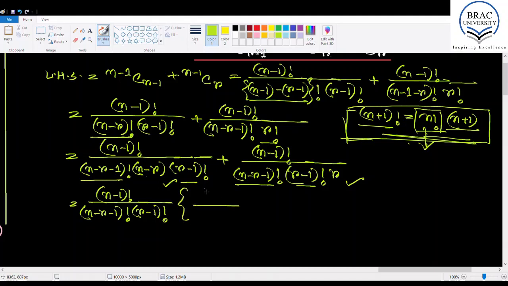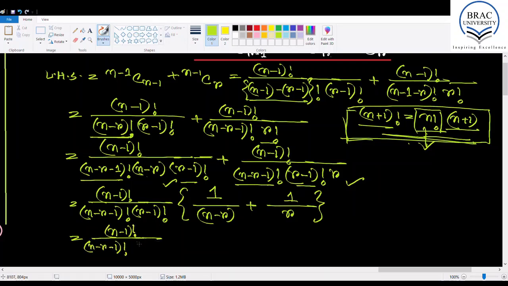So what do we get? 1 divided by (n minus r) plus 1 divided by r, right? Okay, so what do you get now? Now we get (n minus 1) factorial, (n minus r minus 1) factorial, (r minus 1) factorial, and we get (n minus r) into r, here r plus (n minus r).